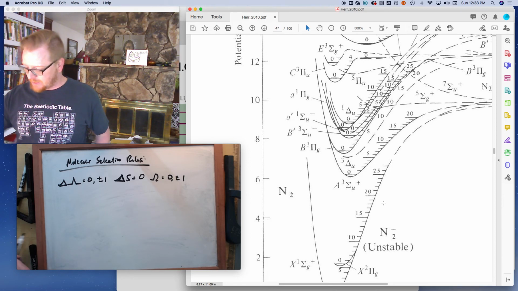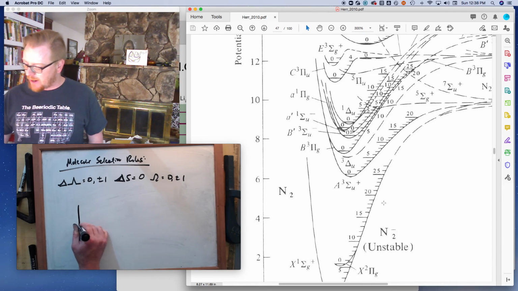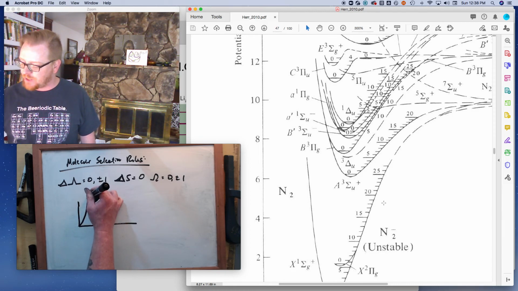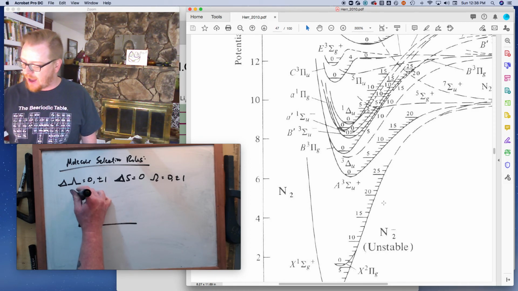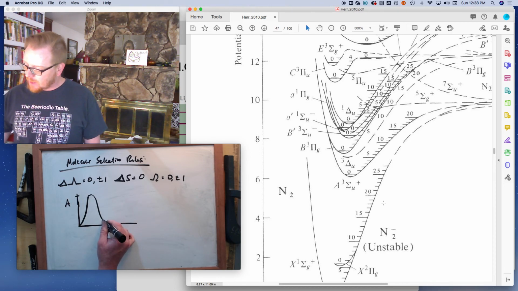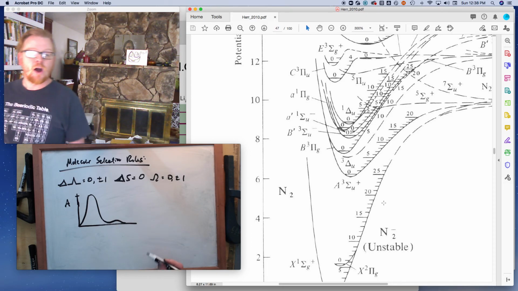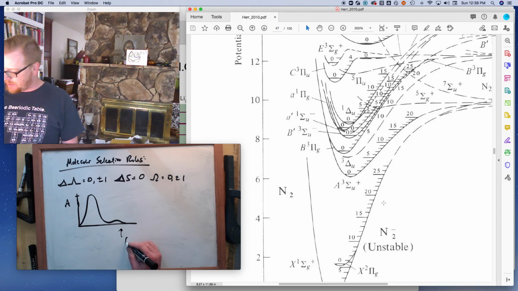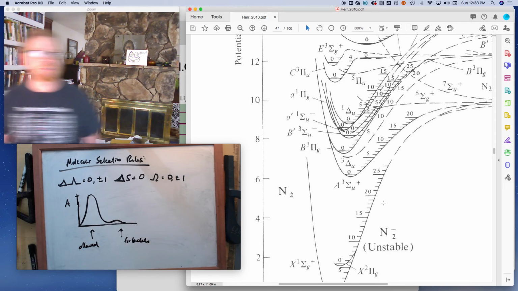Okay, so for example, if I show you a fictitious spectrum right here, perhaps we get one feature with a really high level of absorbance, so this would be absorbance, right? But suppose we have another feature that's very low in absorbance. Oftentimes, this is going to be the forbidden transition, and this is going to be the allowed transition.